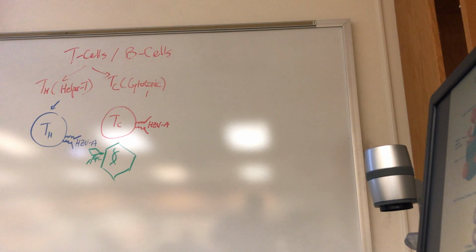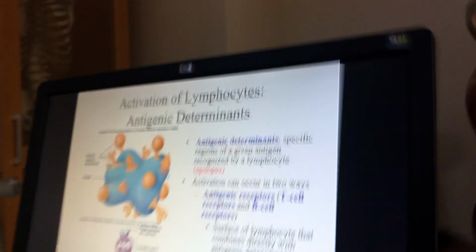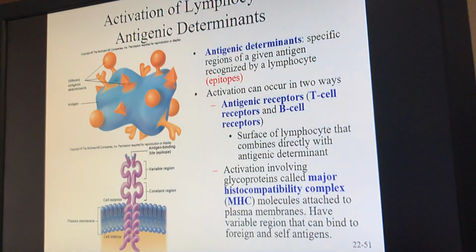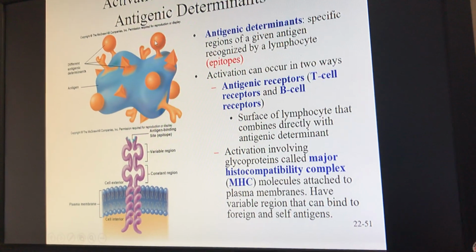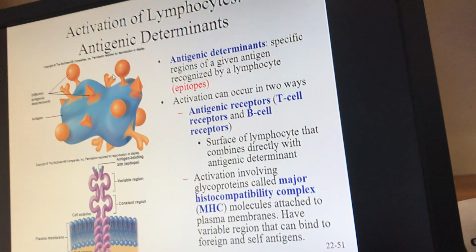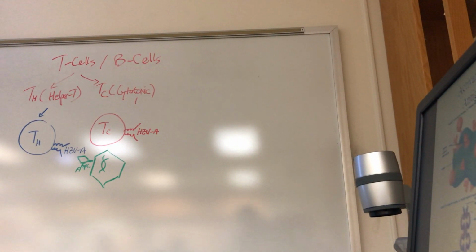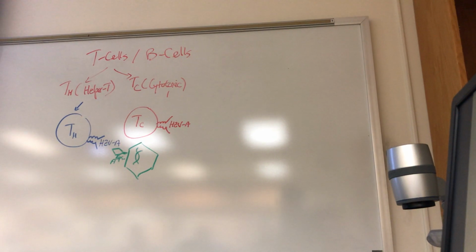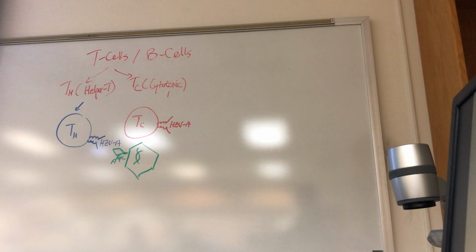All right, now again, on this one right here, keep in mind that there's a three-dimensional shape for these epitopes. That three-dimensional shape for the epitopes means that there should be a matching anti-shape for the receptor. Now, the book and a lot of textbooks, not just ours, will switch back and forth between using epitopes and antigens.